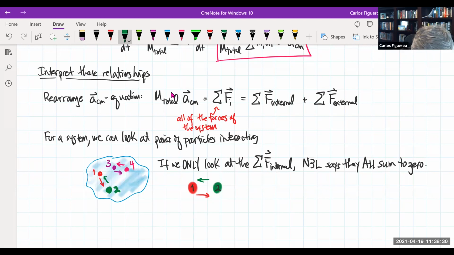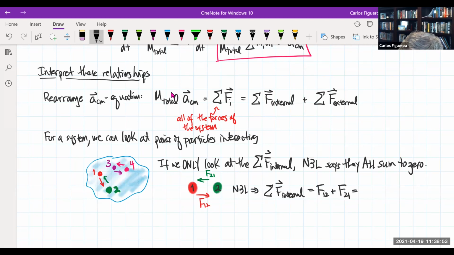And because they have equal and opposite forces, in other words, F12 and F21, these guys from Newton's third law tell us that the sum of the internal forces is going to be F12 plus F21, but according to Newton's third law, it's always going to be like this, and it will always be 0.